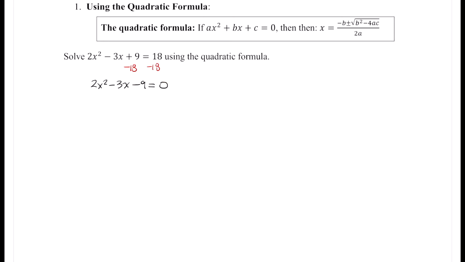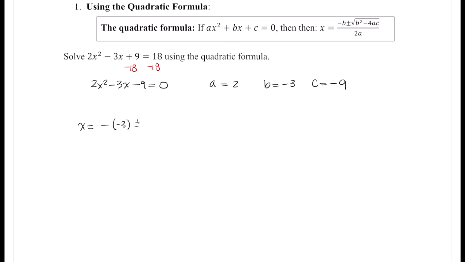Now I can apply the quadratic formula. In this case, a equals 2, b equals negative 3, and c equals negative 9. So we have x equals negative, and b is also negative. That's why I added the parentheses here.